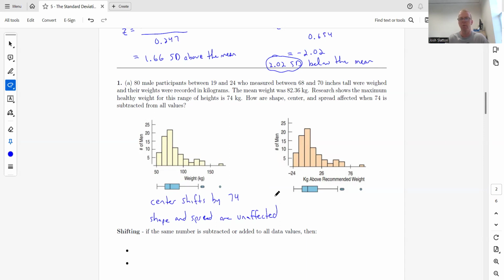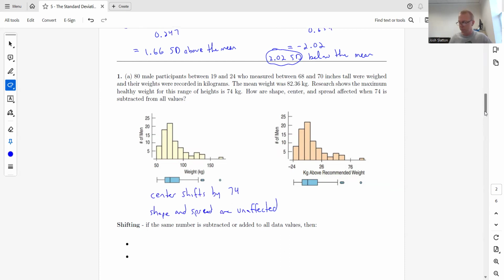So your scores moved, and if I did it to everyone, the class average would go from whatever it was to 10 points higher. But the difference between your score and your friend's score is still the same. Relative to everyone else, you were still in the same spot. So the spread is not affected, the shape is not affected, the center is affected when you're adding.